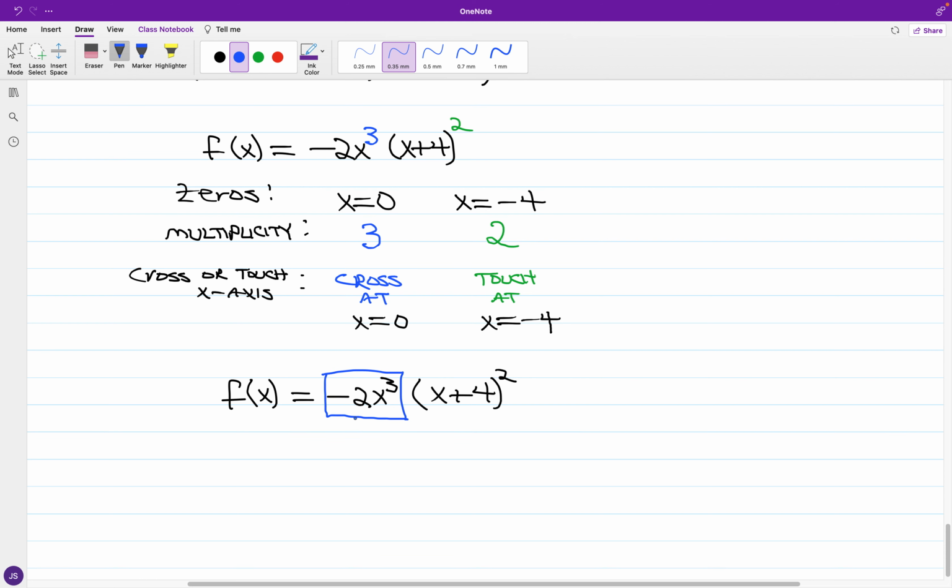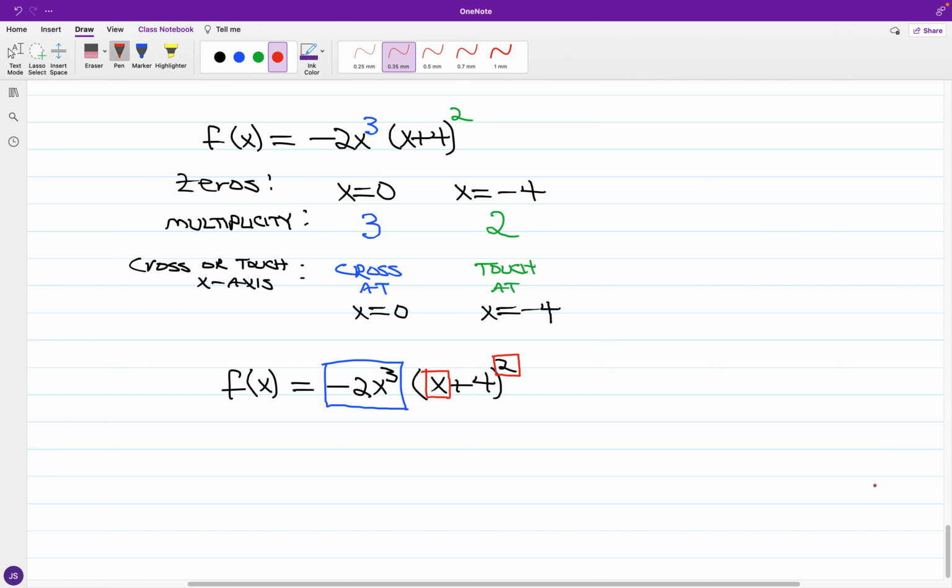So we've got negative 2x cubed at the front, and from the other factor, for this particular binomial, I'm going to take the highest degree term inside the parentheses. So we have x from x plus 4, and that's going to be to the second.